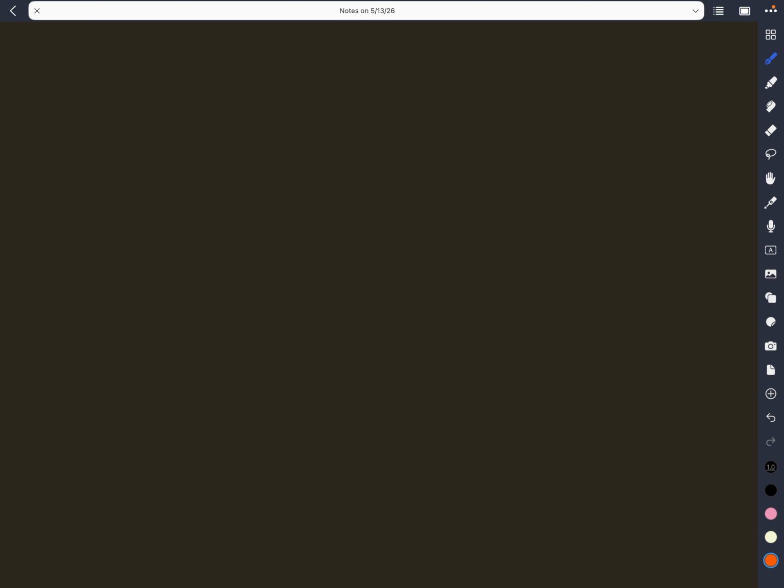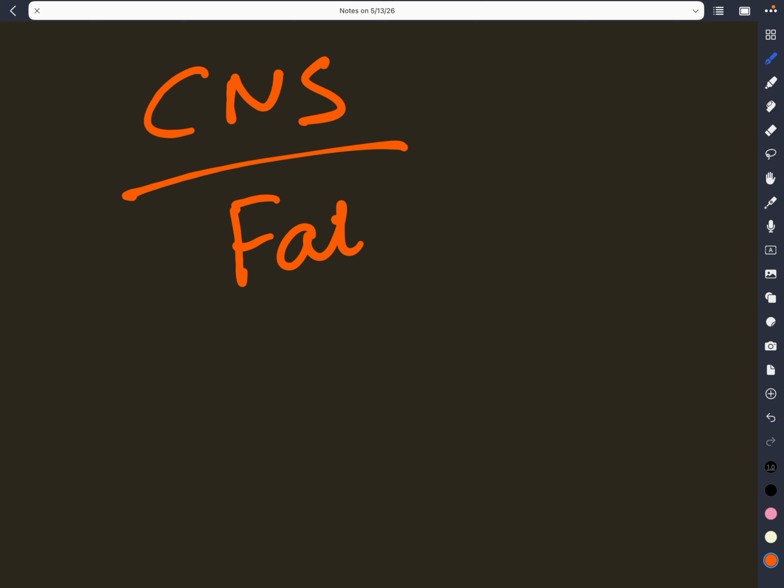First of all, the CNS, central nervous system, is made up of fat. The blood-brain barrier is made up of fat. So for a good anesthetic drug, it needs to be fat soluble.